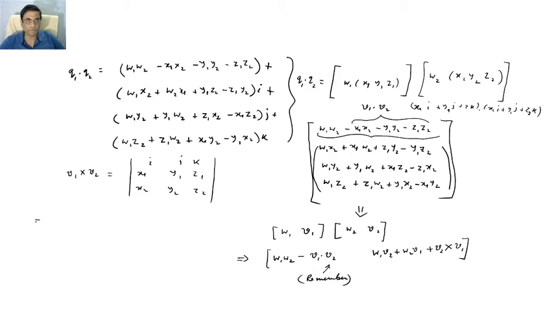So i (y1 z2 minus z1 y2) minus j (x1 z2 minus z1 x2) plus k (x1 y2 minus y1 x2).